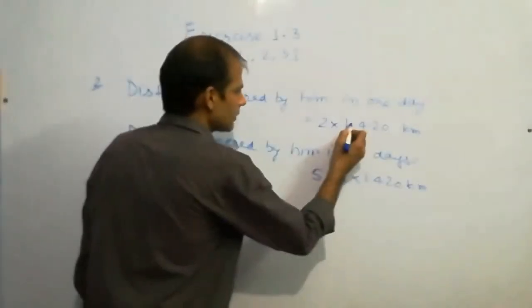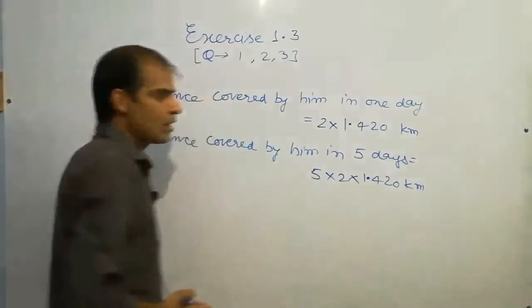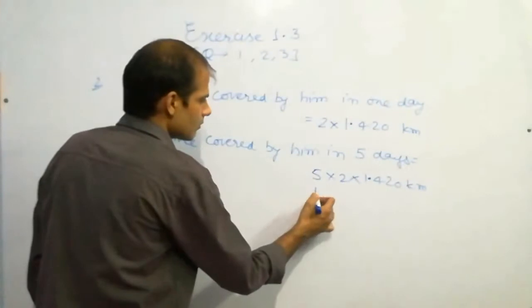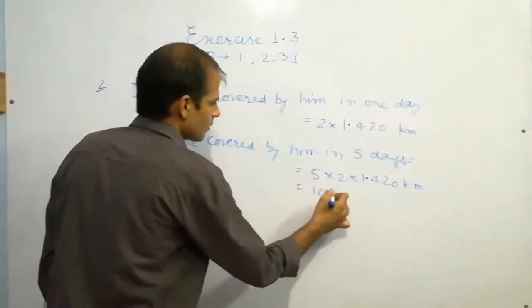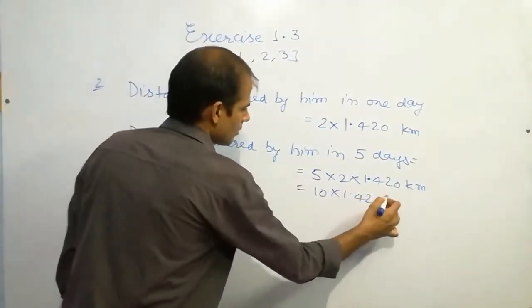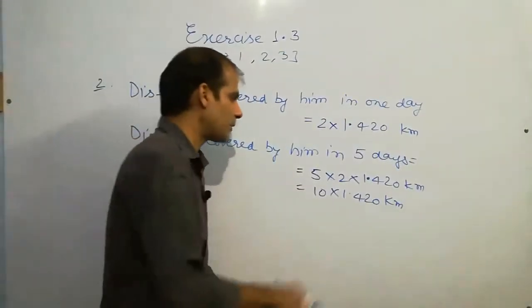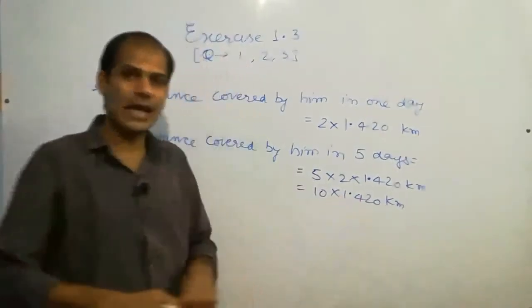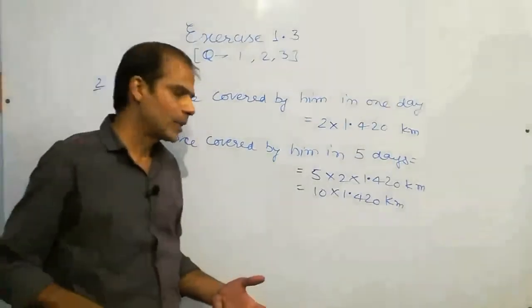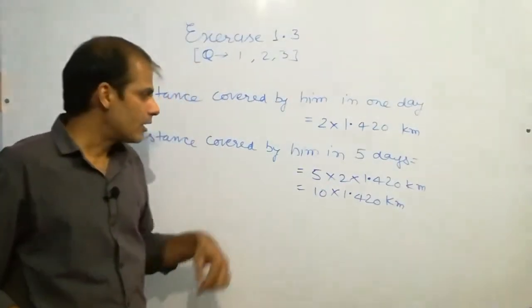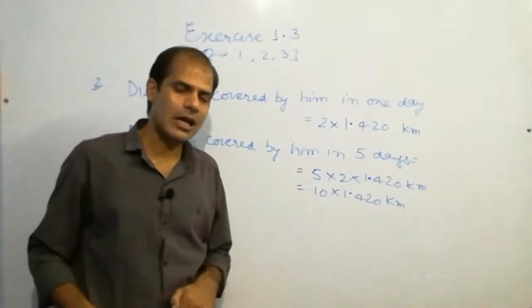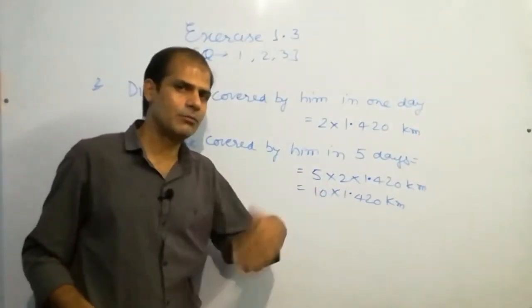It is a decimal here. So it is 5 twos, 10 simply. Now if you multiply a number by 10, it is very easy. आपको क्या करना है, उस नंबर के आगे एक जीरो पुट करना है और फिर उसके अकॉर्डिंग डेसिमल प्लेस करना है.